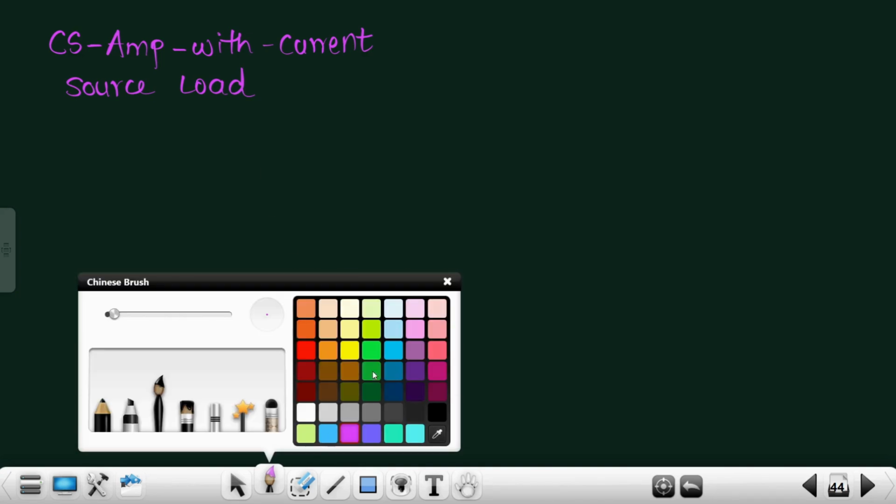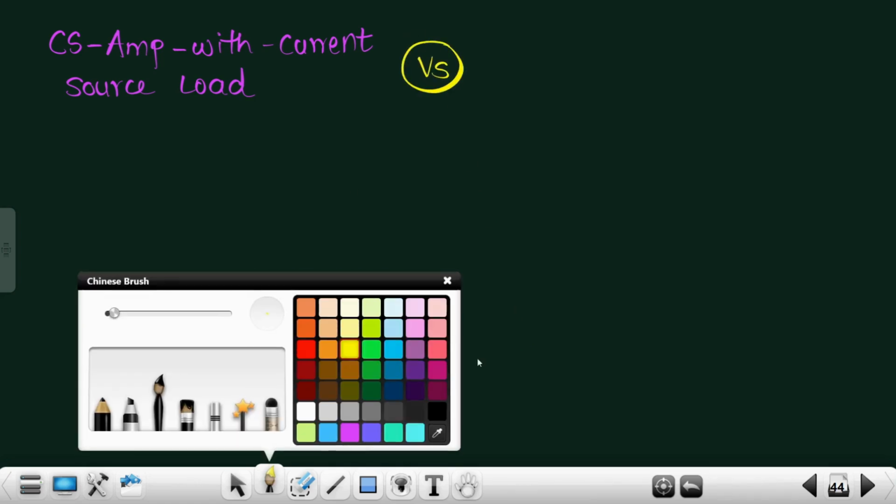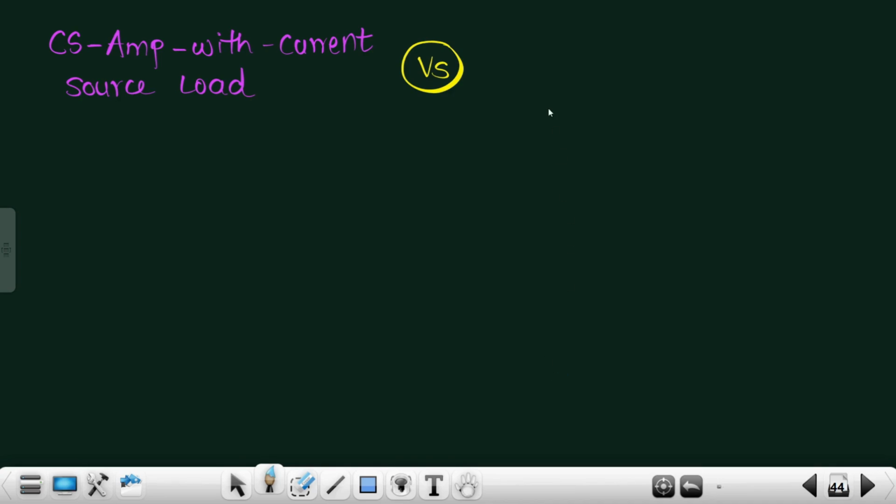CS amplifier with current source load, versus normal CS amplifier.